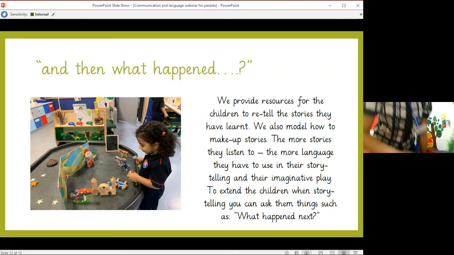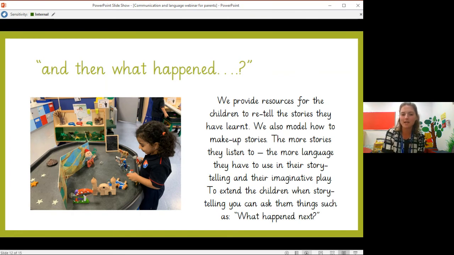Hi everyone, there's a few more examples here about how we are extending communication and language in our classroom. So we like to provide resources for our children to retell stories that they have already learned. We also model how to make up stories, so these can be silly stories and imaginative ones. The more stories that children listen to, the more language that they have to use in their storytelling and to allow them to create their own imaginative stories.